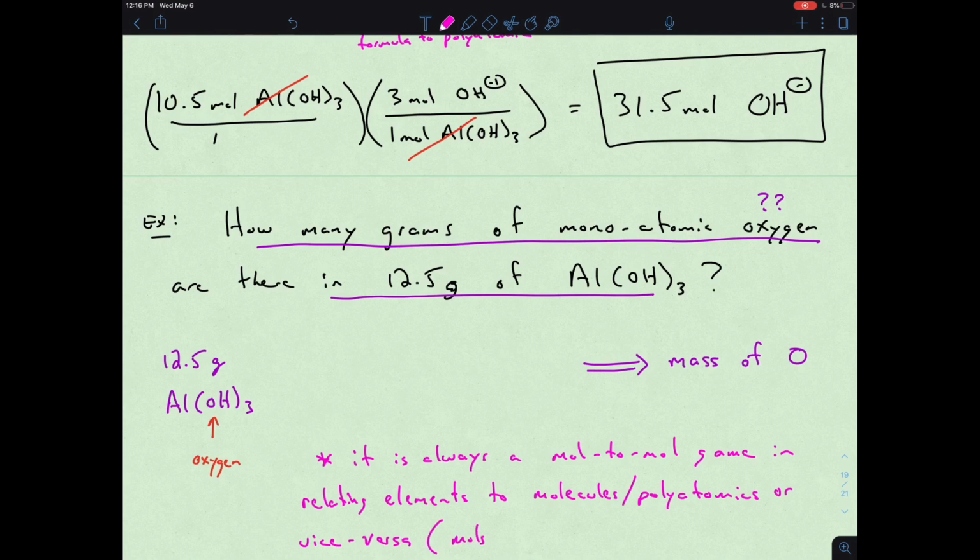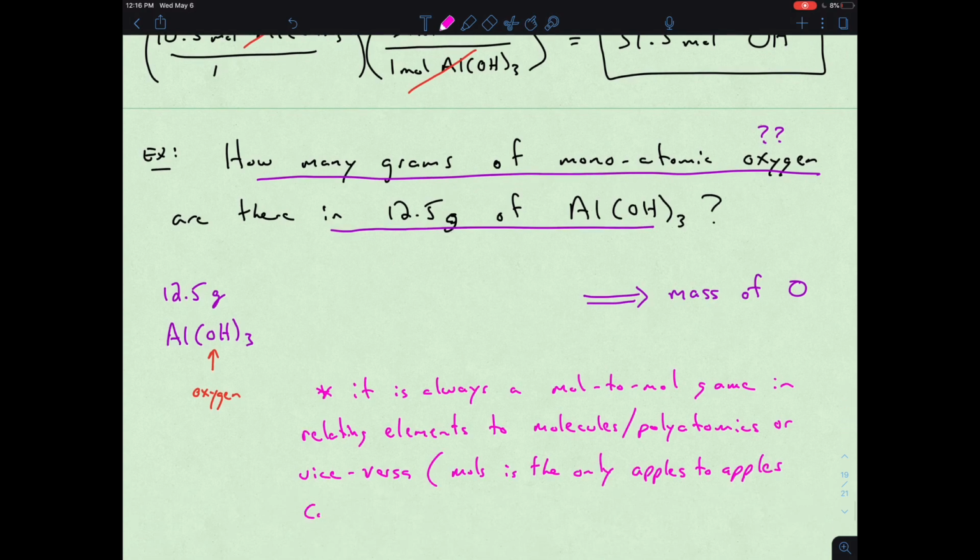Moles is really the only apples to apples comparison.